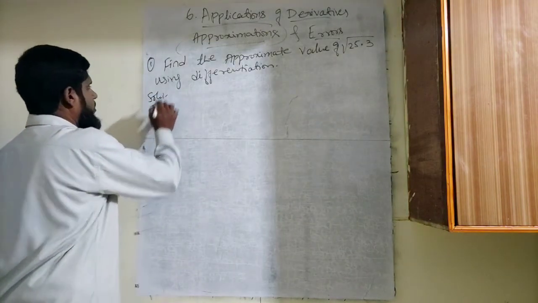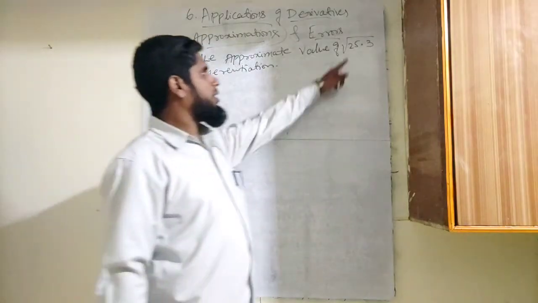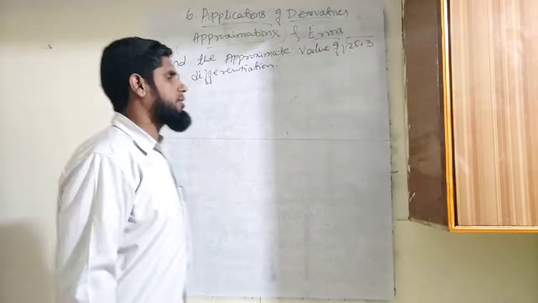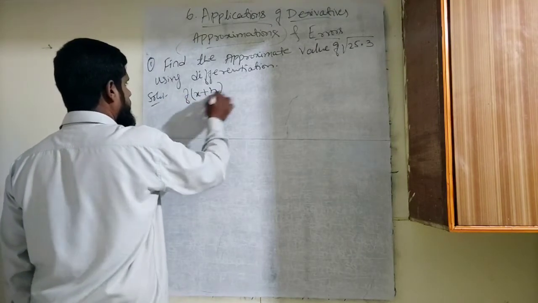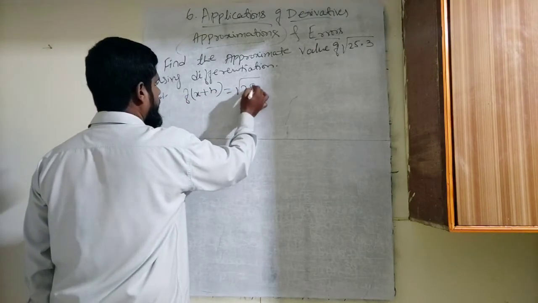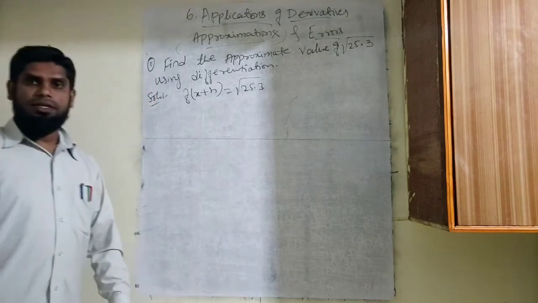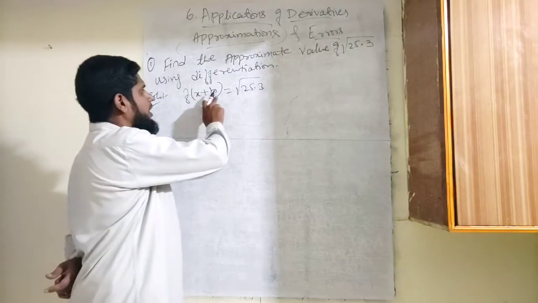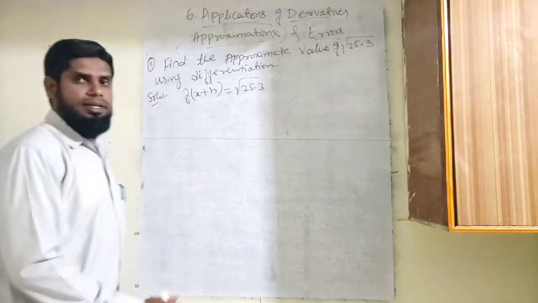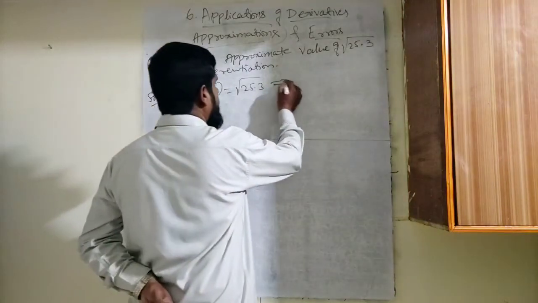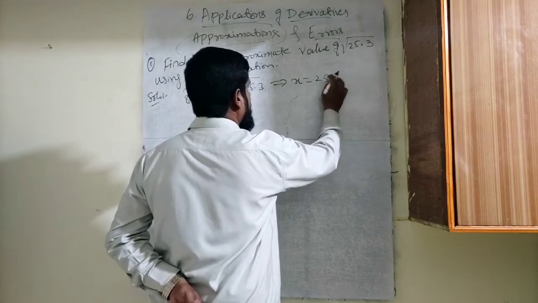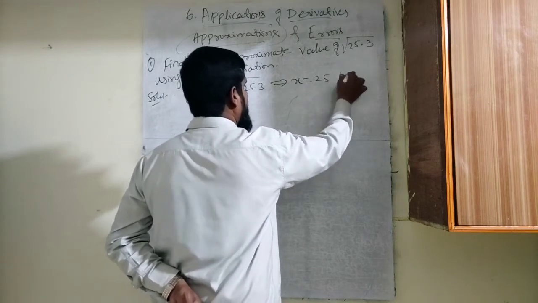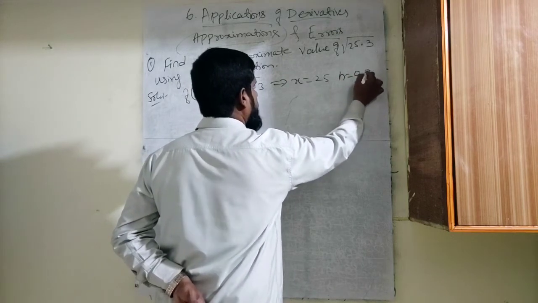And here the given quantity is root 25.3. That is f of x plus h is equal to square root of 25.3. The moment I write f of x plus h is 25.3, it declares that my x is 25 and h is 0.3.